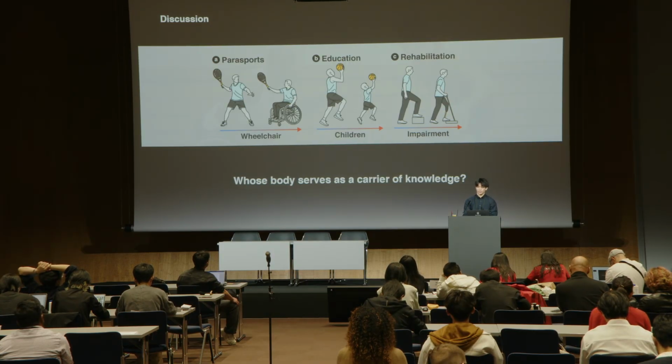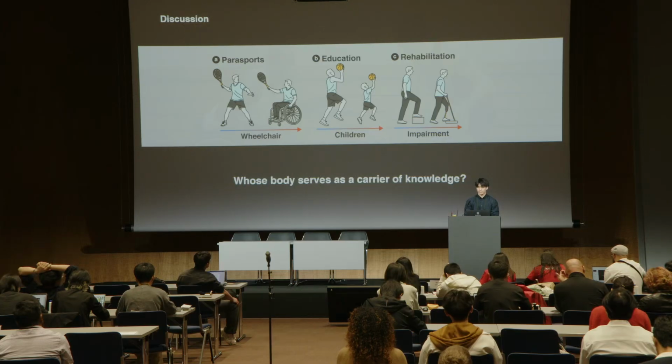And more importantly, this research raises the broader question, whose body serves as a reference for knowledge? It suggests that not only non-disabled bodies, but also diverse embodied experiences can serve as valuable learning resources for others.